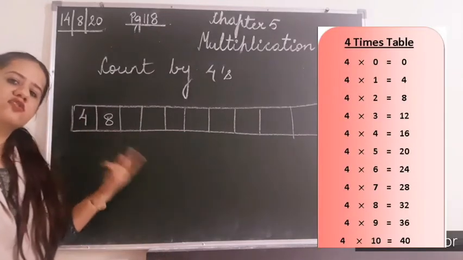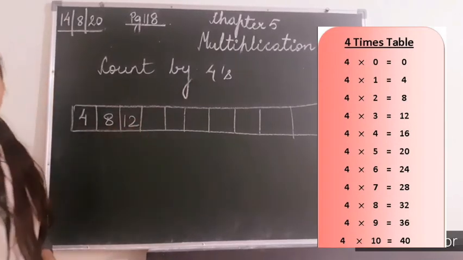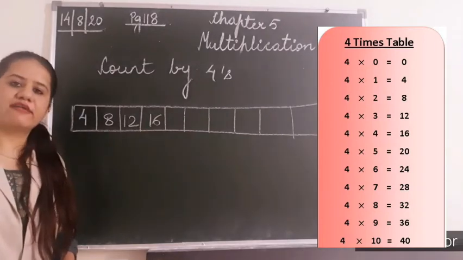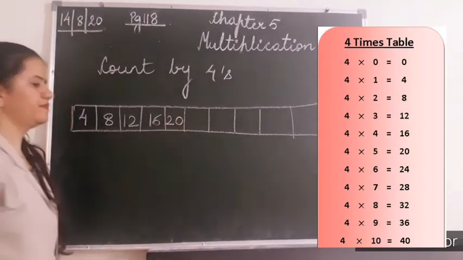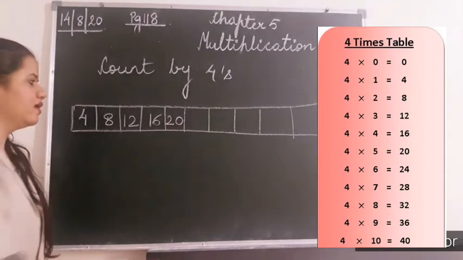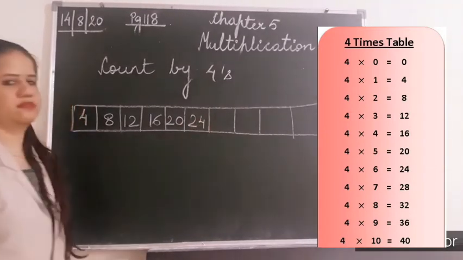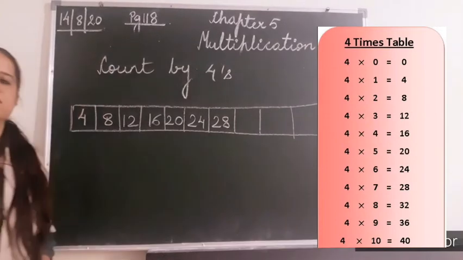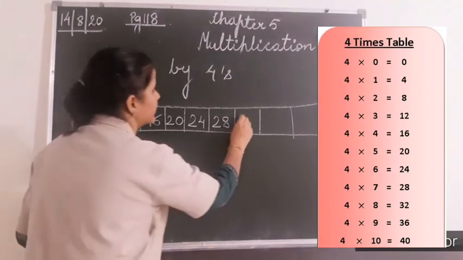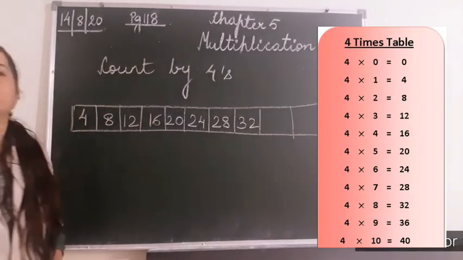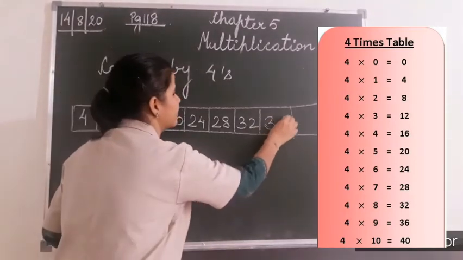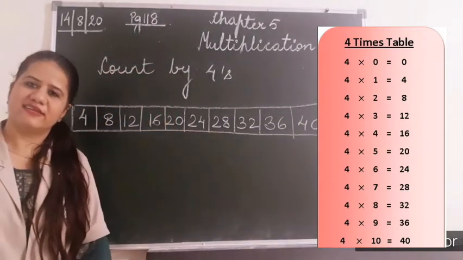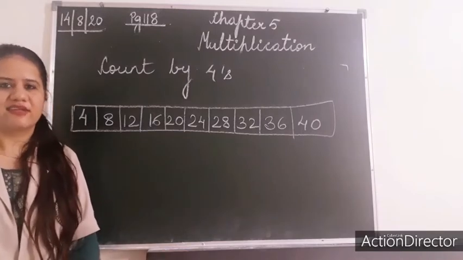Then 4 3s are 12. 4 4s are 16. 4 5s are 20. 4 6s are 24. 4 7s are 28. 4 8s are 32. 4 9s are 36. And 4 10s are 40. Very easy. Yes? Very simple?